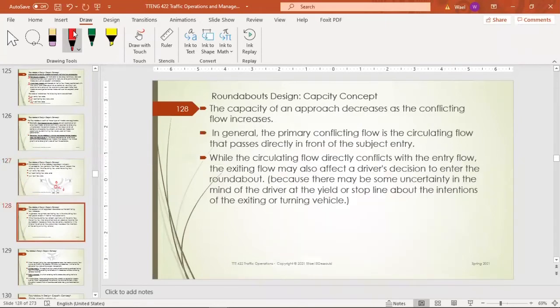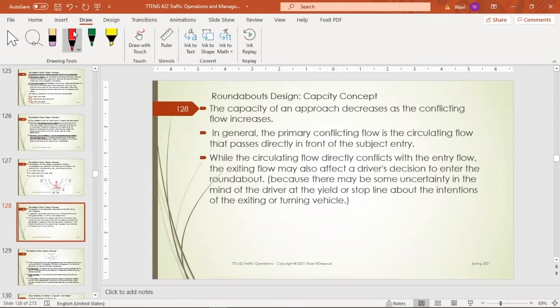That makes sense. The other issue, in general, the primary conflicting flow is the circulating flow. While the circulating flow directly conflicts with the entry flow, the exiting flow may also affect the driver's decisions to enter the roundabout.